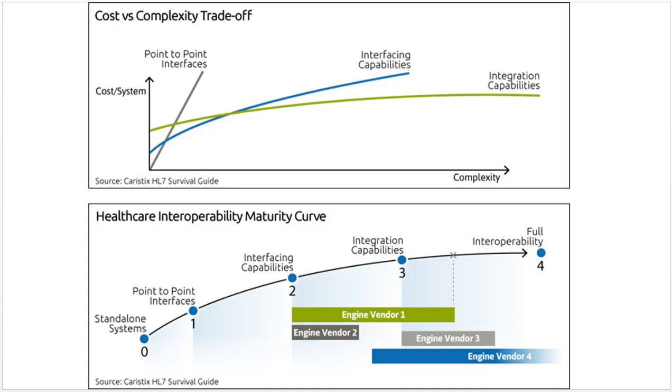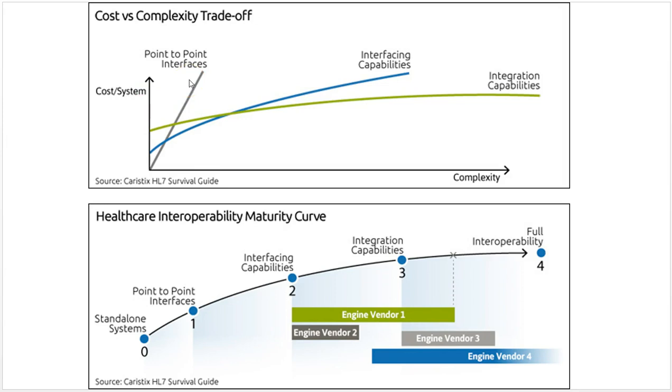So here's a slide that kind of explains what he's trying to tell you there. In this top box, going this way you have the cost of the system, and this way you have the complexity. If you do point-to-point interfaces, not very complex, pretty easy to do, but they get costly pretty quickly.